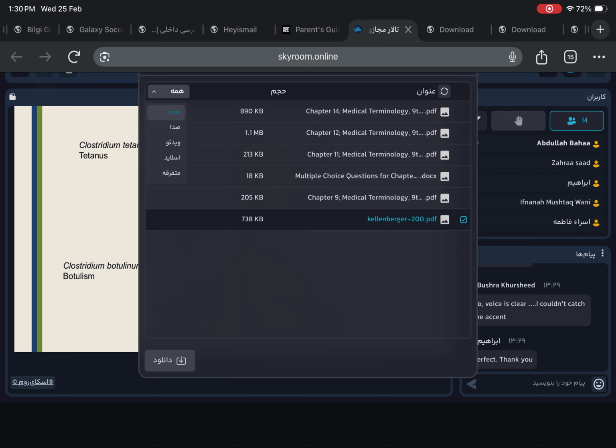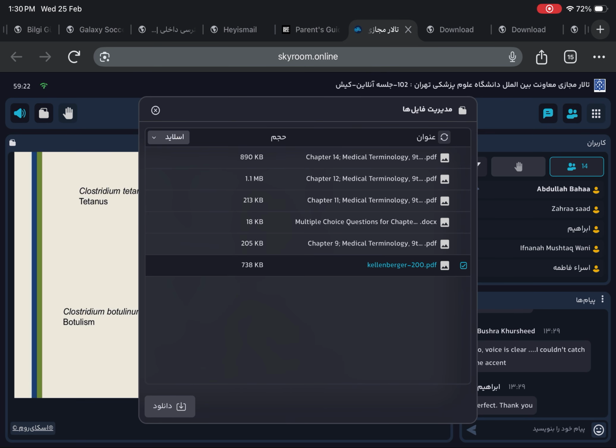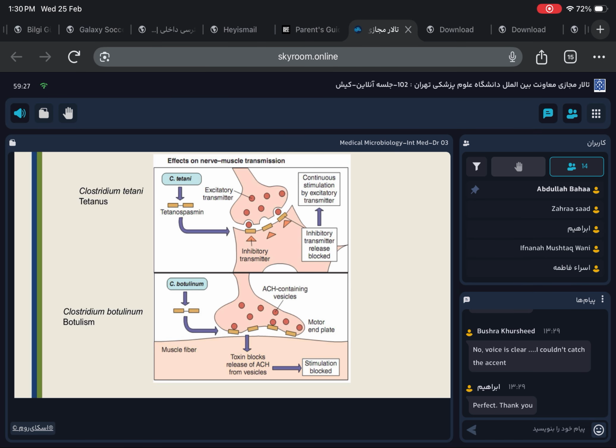As you can see in this picture, tetanospasmin blocks the release of inhibitory neurotransmitters. And that's why we have this continuous stimulation of the muscle, and that's why we see severe muscle contractions, which is very painful.